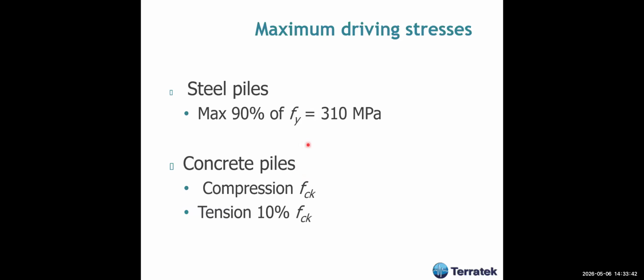While for concrete piles, the maximum compression that you can apply usually is the fck. I've shown you that those centrifuged piles go up to 80 megapascals. But in tension, you cannot apply more than 10% of fck. Otherwise, you're going to generate cracks and damage the piles.